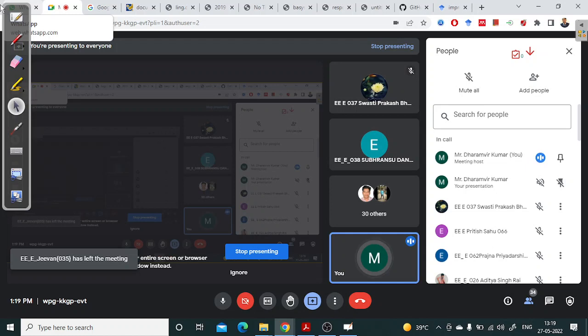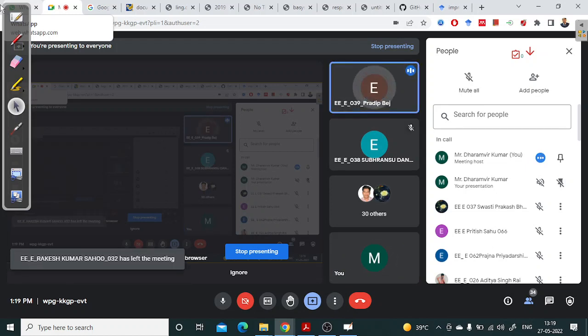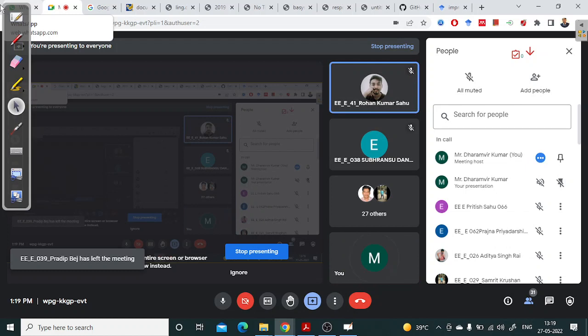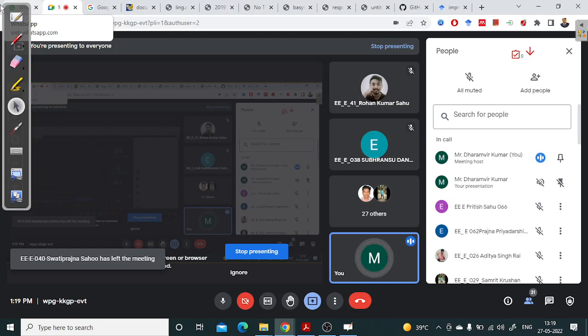Roll number 39, present, sir. Roll number 40, present, sir. Roll number 41, present, sir. Roll number 42, Smruti Neha Raul, absent. Roll number 43, present, sir.